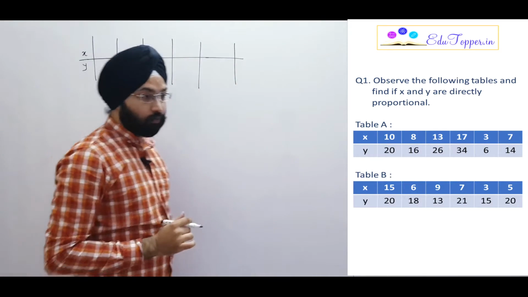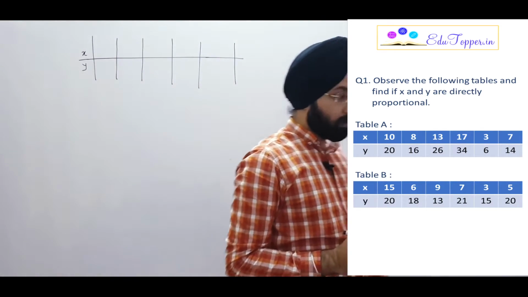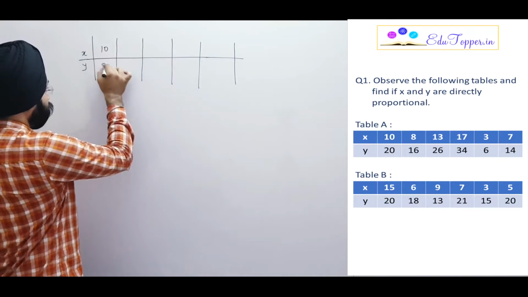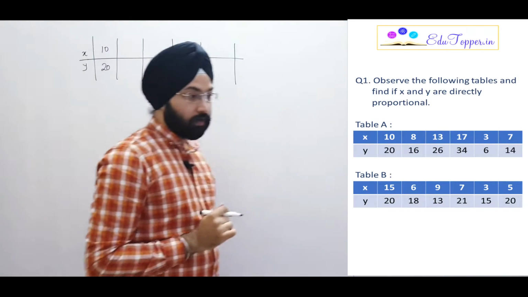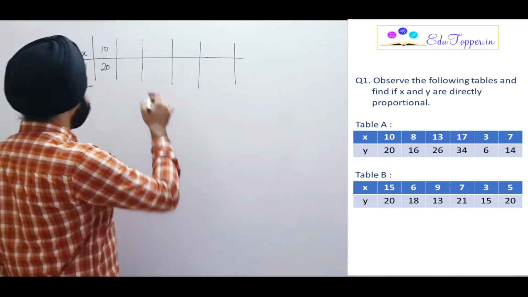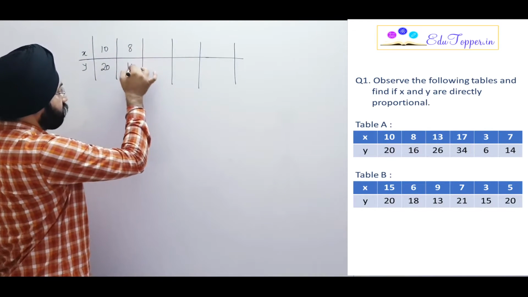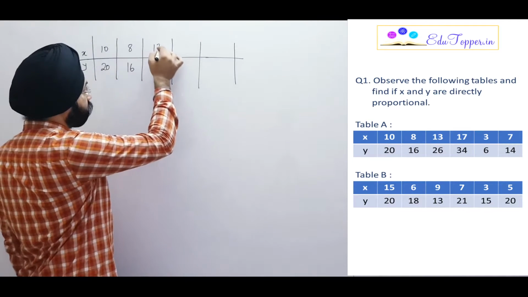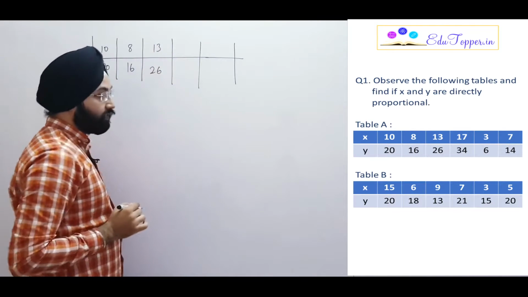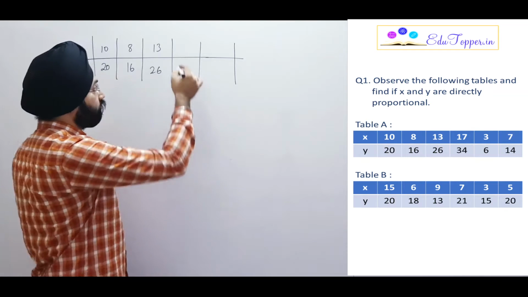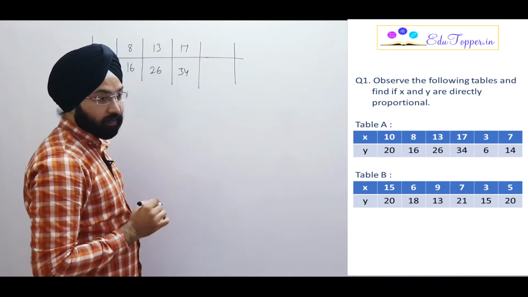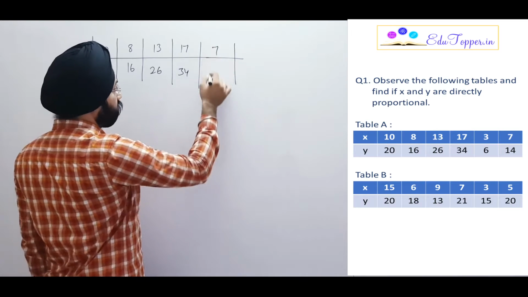The quantities are: when x is equal to 10, y is equal to 20, when x is equal to 8, y is equal to 16, when x is equal to 13, y is 26, when x is equal to 17, y is 34, and when x is equal to 7, y is 14.